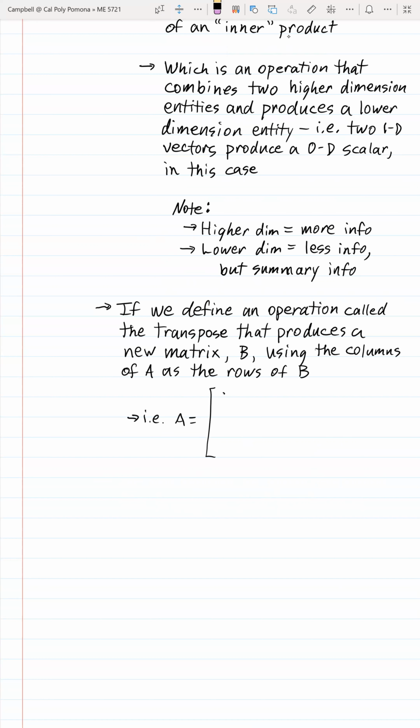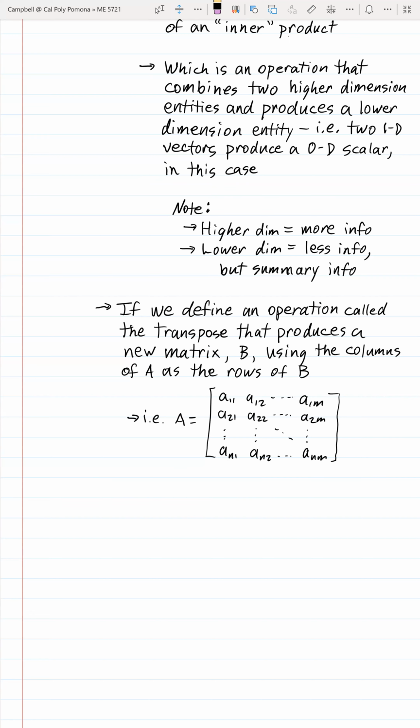And we have A11, A12, all the way on out to A1M, and we have A21, A22, all the way on out to A2M, and we go all the way down to AN1, AN2, and then all the way on down to ANM. And we'll do 3 dots all around.